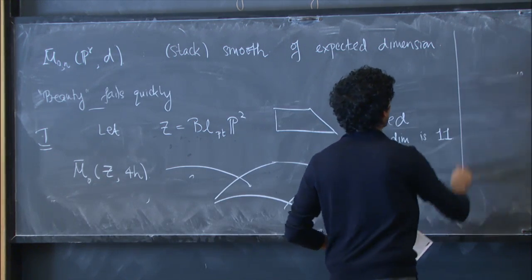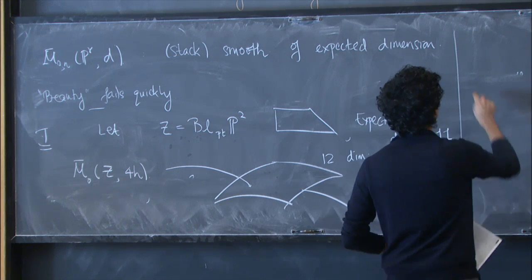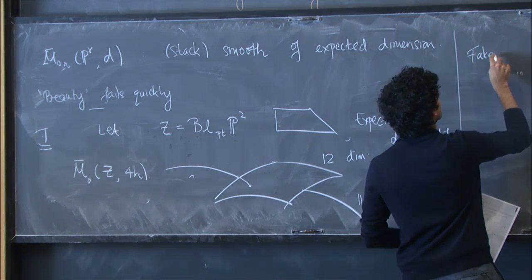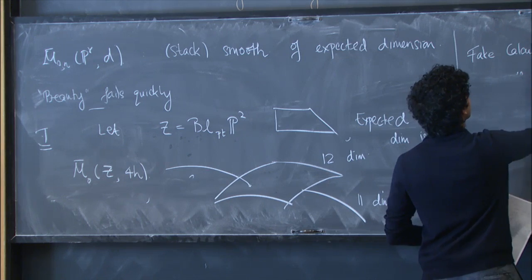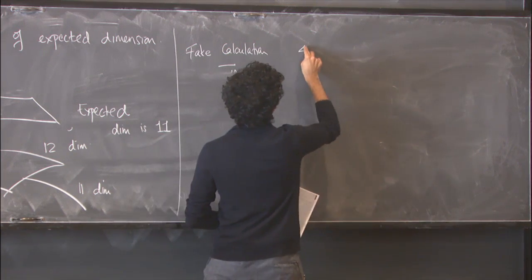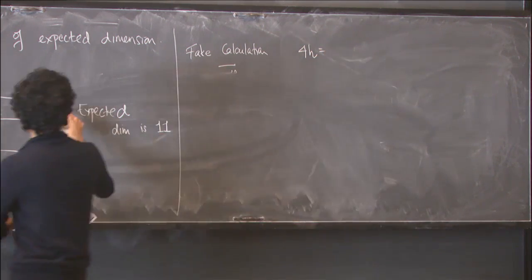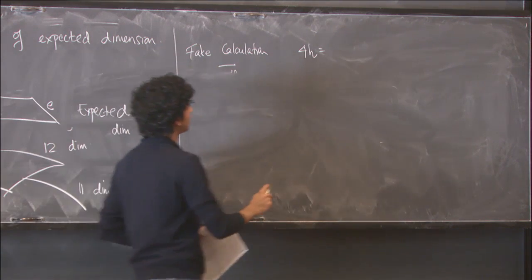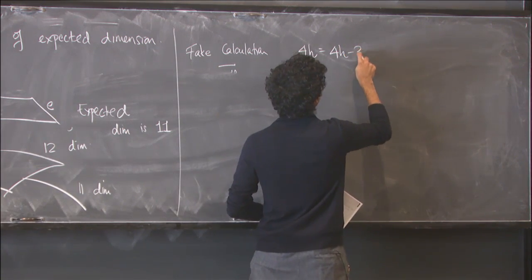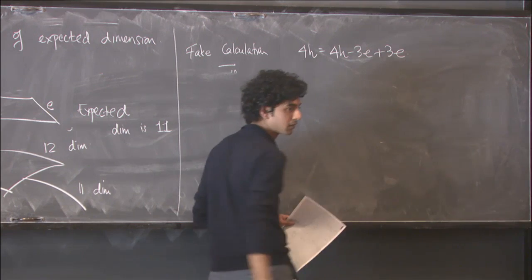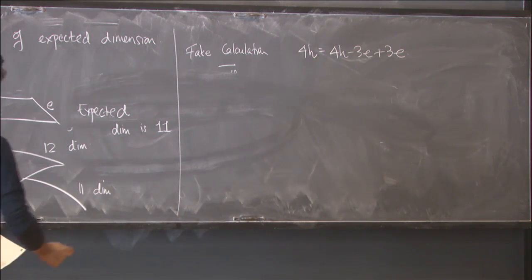So what does it consist of? This is a fake calculation, but I think it's illuminating. So you can write 4h. OK, so I have the class of the exceptional divisor here. You can write 4h as 4h minus 3e plus 3e. What did I do? Oh, I did something horrible.